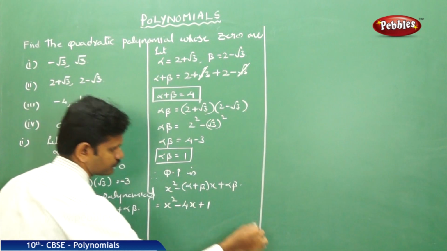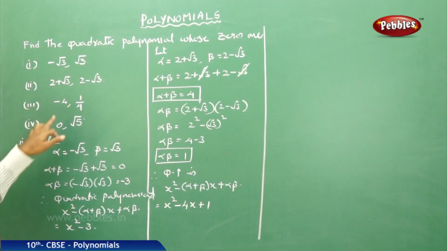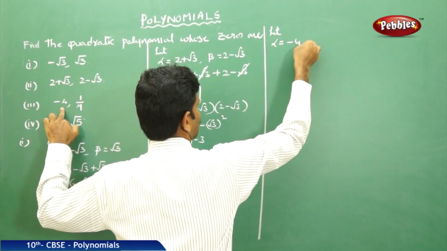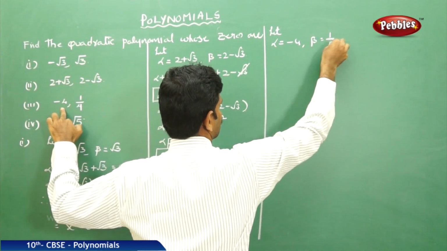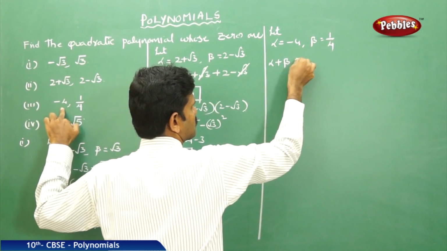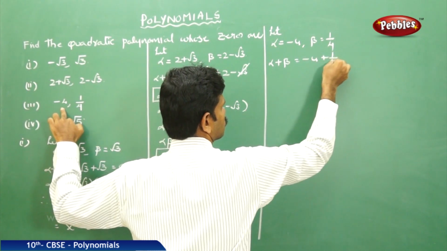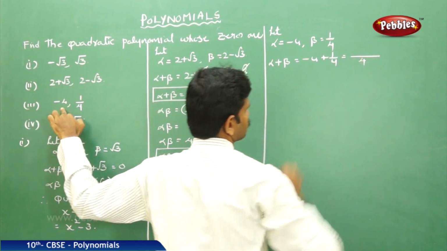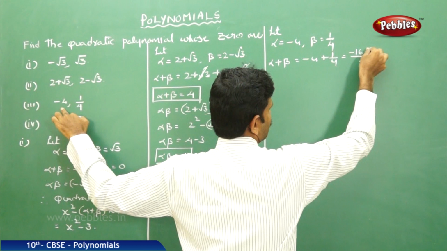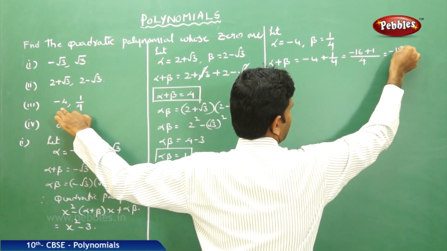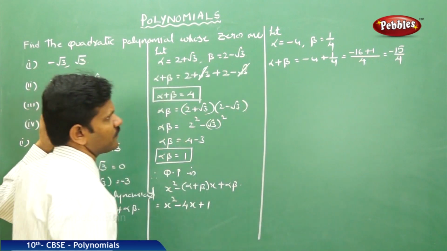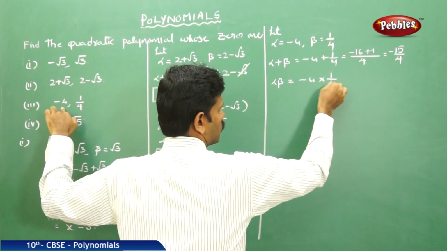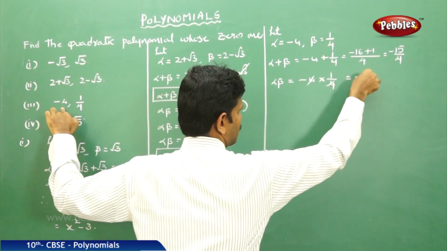Next, come to example 3. Let alpha be equal to minus 4, beta equal to 1 by 4. Alpha plus beta is equal to minus 4 plus 1 by 4, which, taking the LCM as 4, is minus 16 plus 1, which is equal to minus 15 by 4, that is alpha plus beta. Alpha beta is equal to minus 4 into 1 by 4, the 4s get cancelled, which is equal to minus 1.